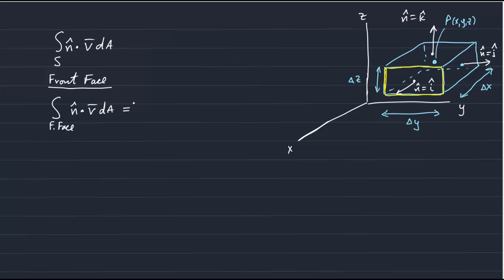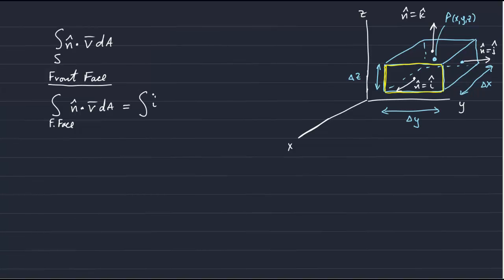And so the unit vector again is in the i hat direction. It's equal to i hat. And we have V, which has an x component, a y component, and a z component.